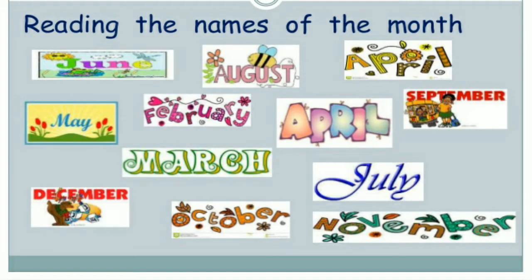Then reading the names of the months: January, February, March, April, May, June, July, August, September, October, November, and December.